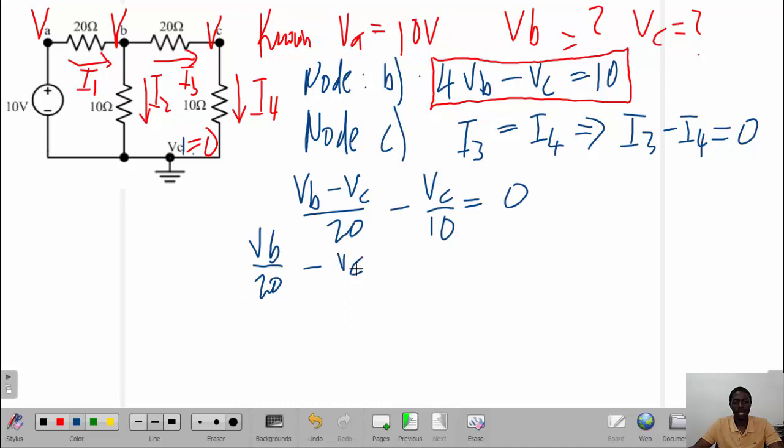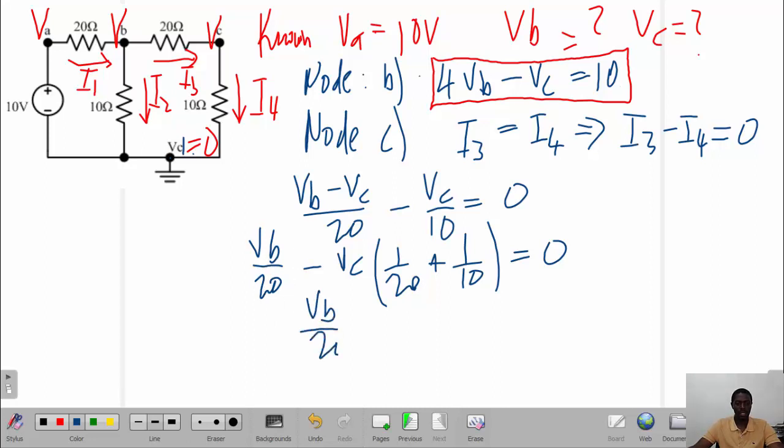This is minus VC, which both are minuses. So we have 1 over 20 plus 1 over 10. That must give us 0. So when we simplify this, we end up with VB over 20 minus 3 VC over 20, and that gives us 0, which you can simplify further to remove the fractions.